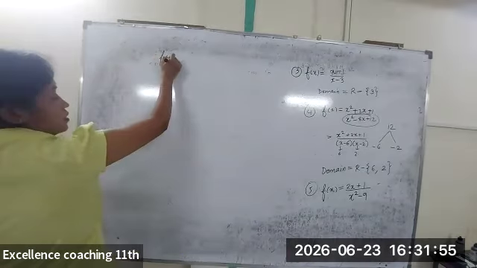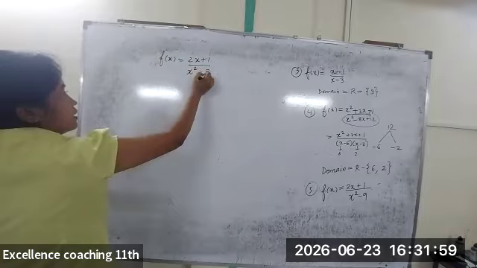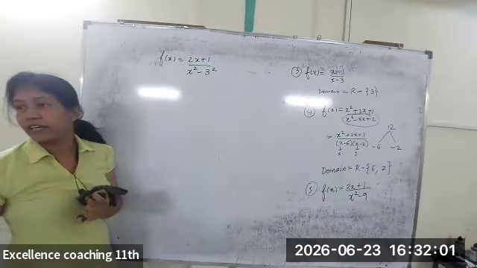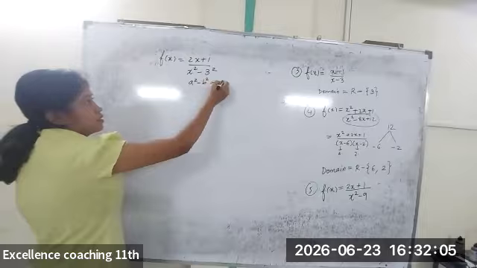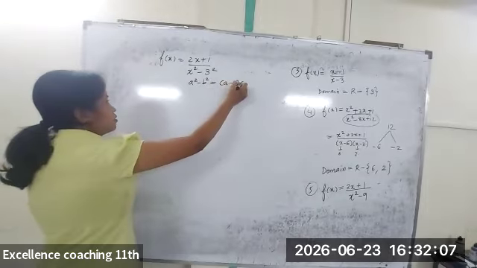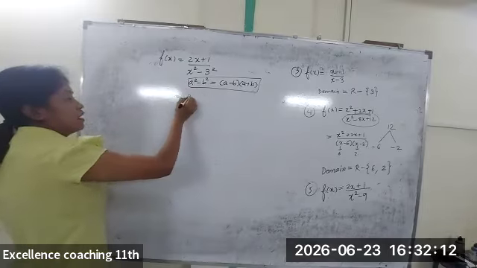One option is, the question is given like this. You can write 9 as 3 square. And what is the a square minus b square formula? a minus b into a plus b. So using this, you'll get these two numbers.